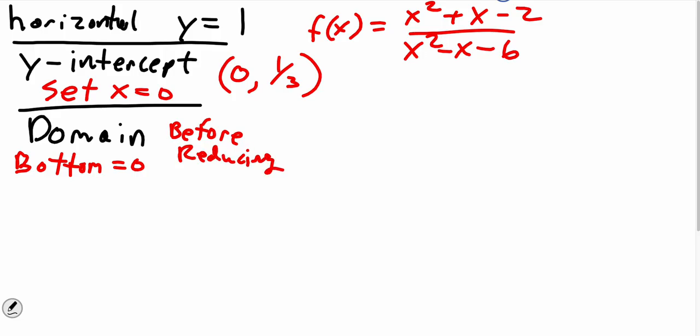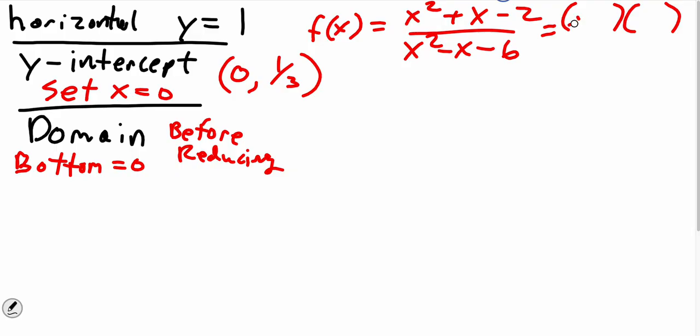So what does that mean? First thing we're going to do is factor. Can we factor the top? We can. What does the top factor to? What multiplies to 2?